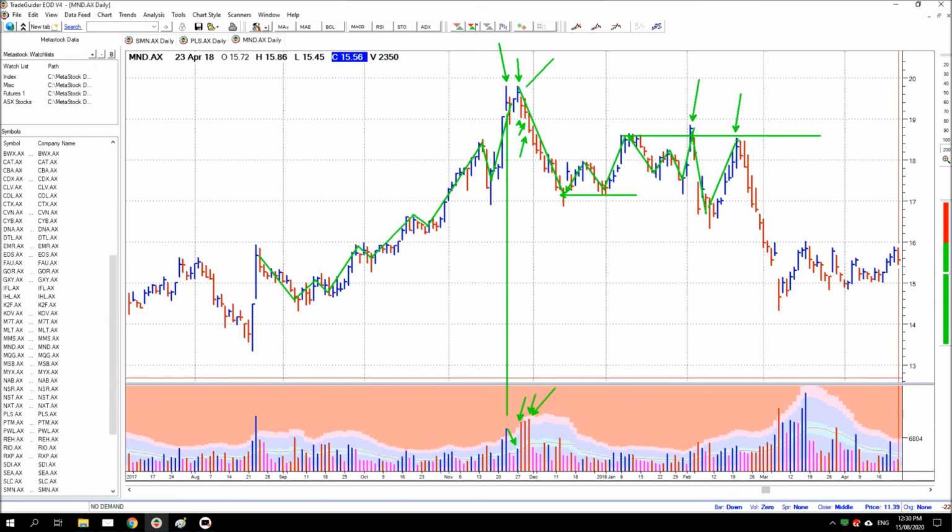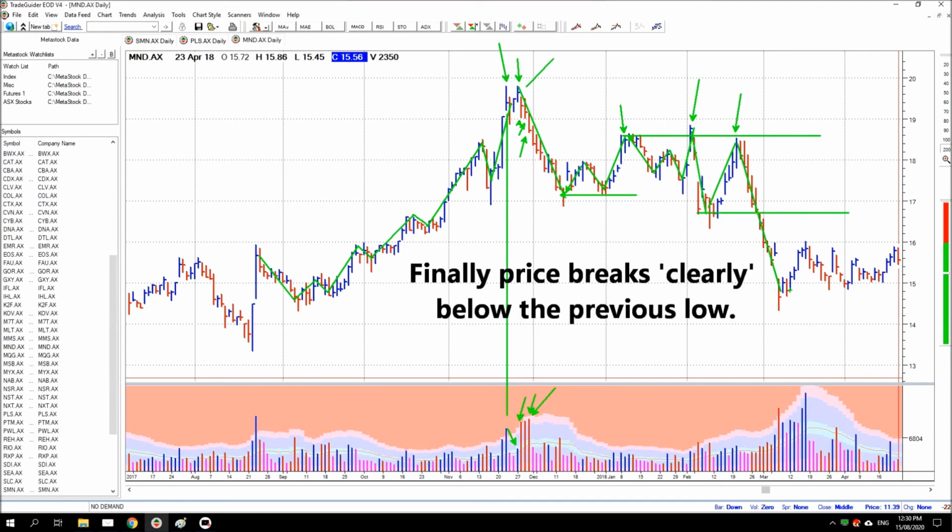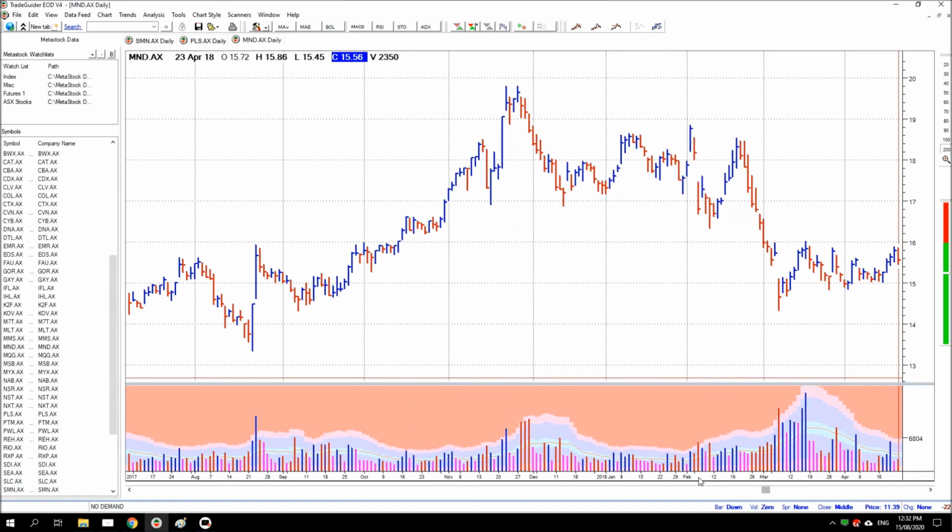The price had a third try to recover the lost ground above this high here, and it's failed again, and finally price is broken below the previous low, and it wasn't able to recover from there, and the sellers were in control, at least for this period of time.